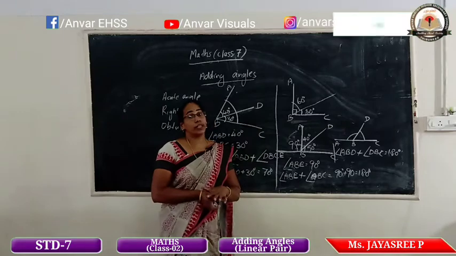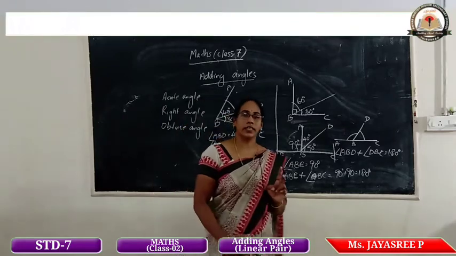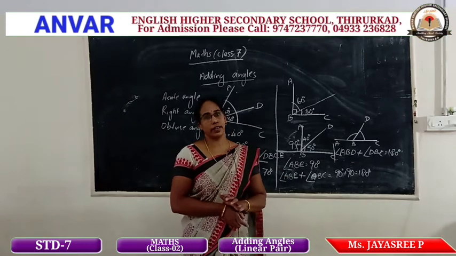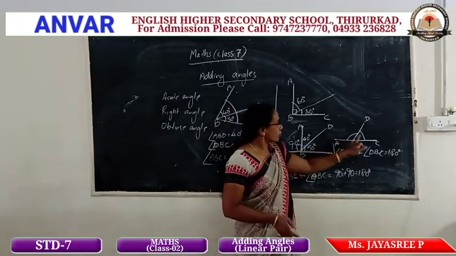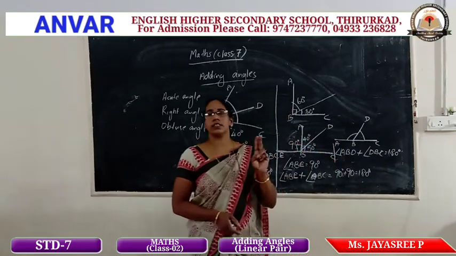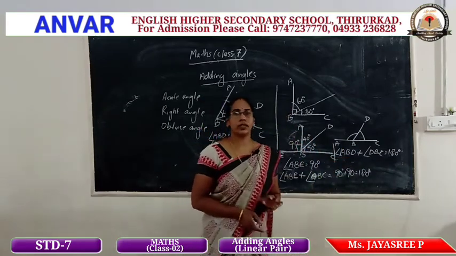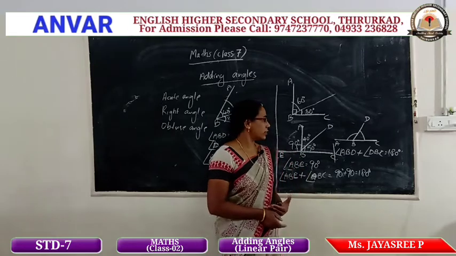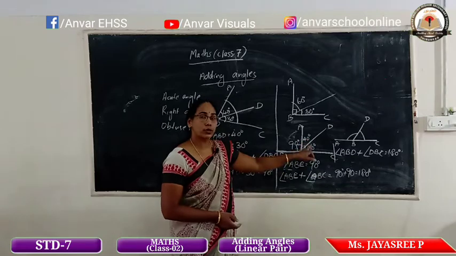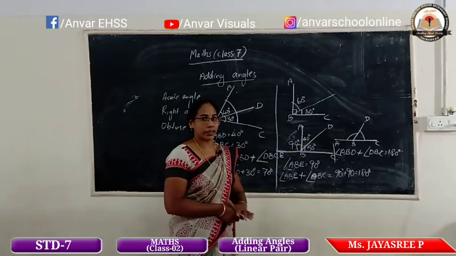Now if the sum of two angles is 180 degree, we call those two angles as supplementary angles. If the sum of two angles is 90 degree, then those two angles are known as complementary angles.